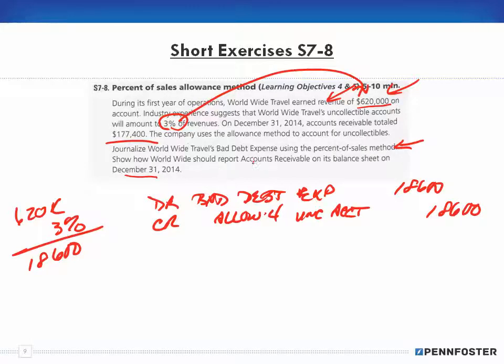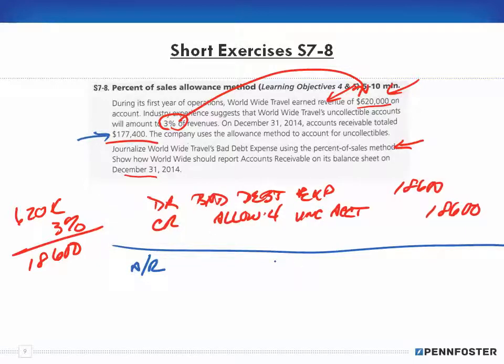Now it says here, how should the accounts receivable be reported on the balance sheet? So on your balance sheet, you're going to have your accounts receivable account, and it's saying that was 177,400, and then you would have less your allowance for uncollectible, and I'm just abbreviating here, okay?